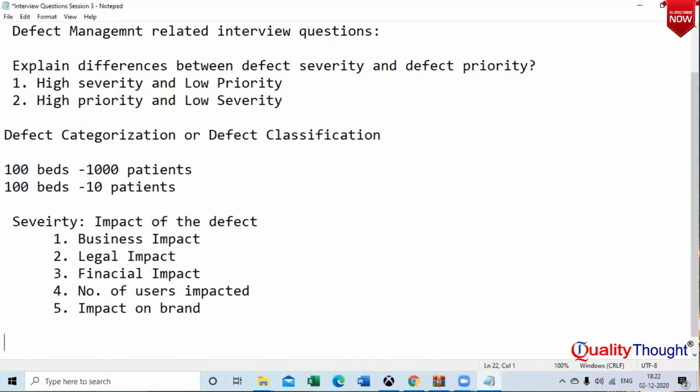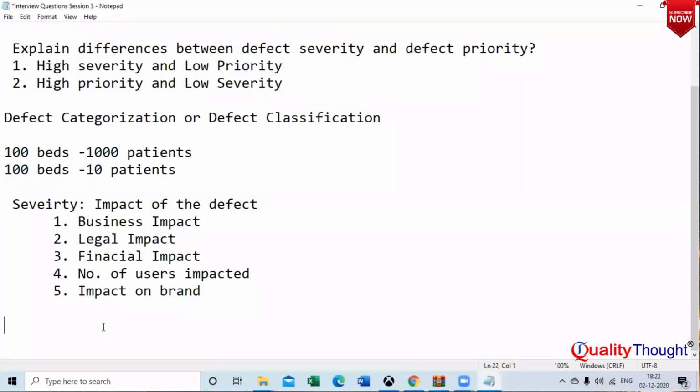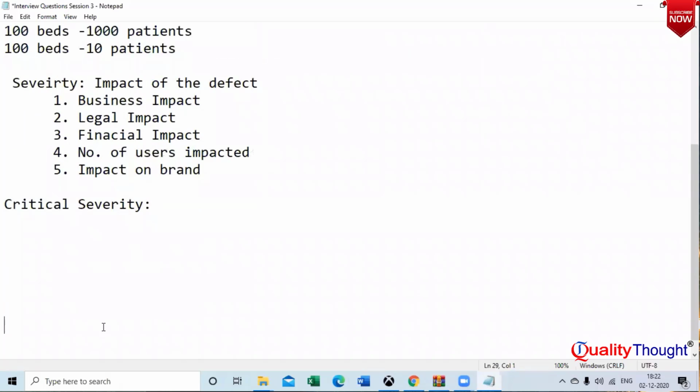Based on these parameters, let's say the defect has the following characteristics. Critical severity is category 1. When can you assign critical severity?